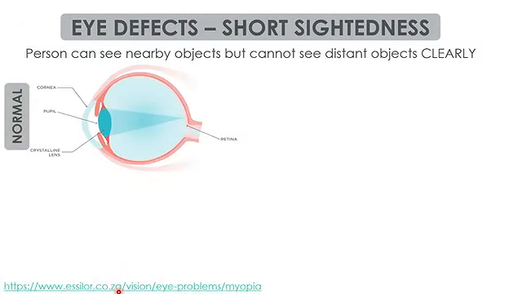First one is short-sightedness. Now remember, short-sightedness is where you can see close. You're more than happy to read your textbook, but when you look up, you cannot see. So the problem is, remember, it's got to do with accommodation. So let's just go back to our hands and think about it.